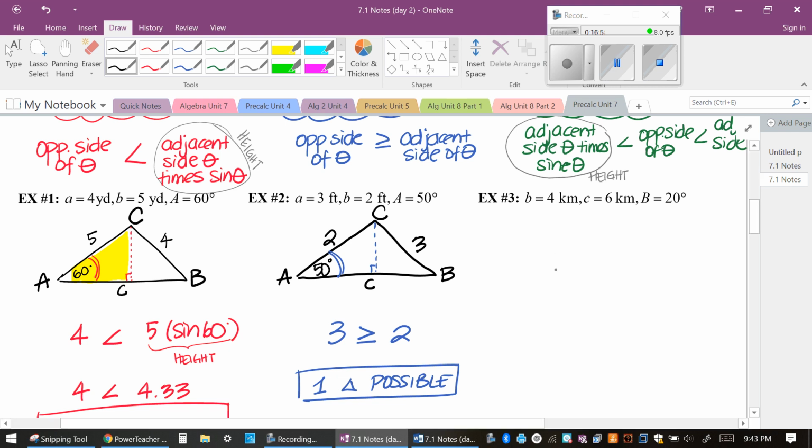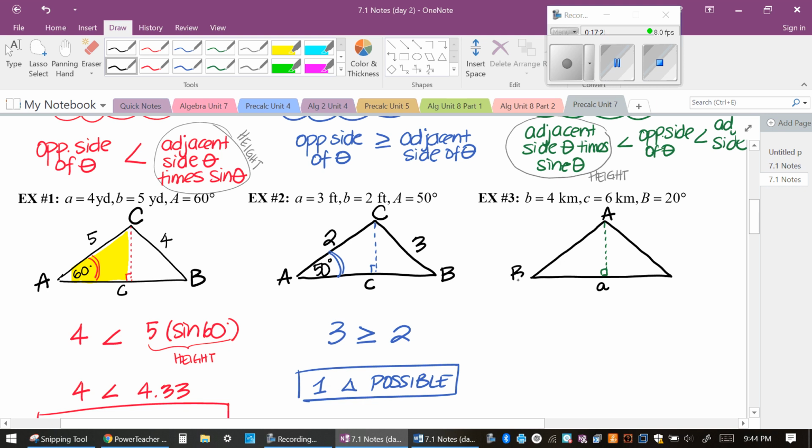When I have SSA, I'm going to be super careful when I draw it, and I'm going to use my strategy where I keep the base as the missing side. So I have little b and little c. I'm missing little a. So I'm going to make little a the base. I'm going to draw in my height. I could put B or C anywhere I want.